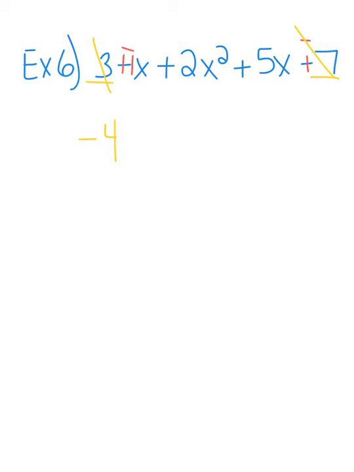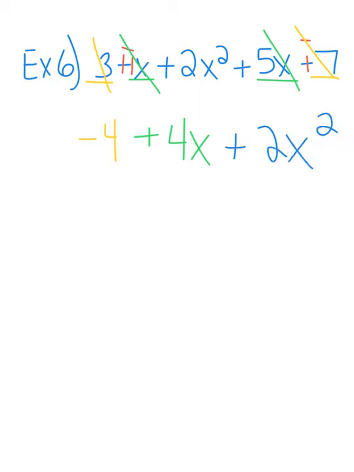Now let's go to the next one. I have a negative 1x. Do you see anything else in the problem that has just an x? Well, the 5. So negative 1x plus 5x is going to be a 4x. And cross them out because you've combined those. And you only have one thing left, and that is your 2x squared.